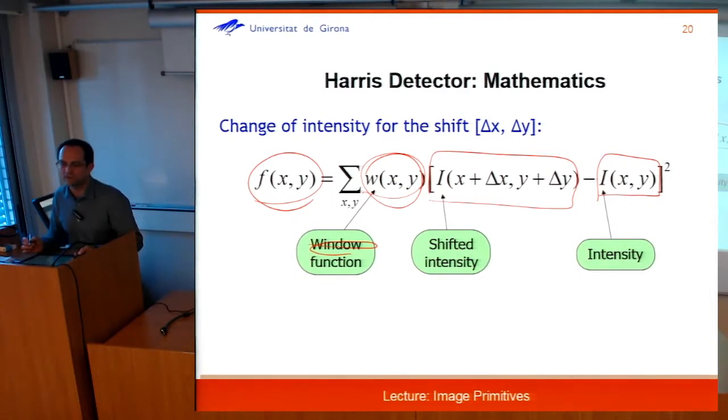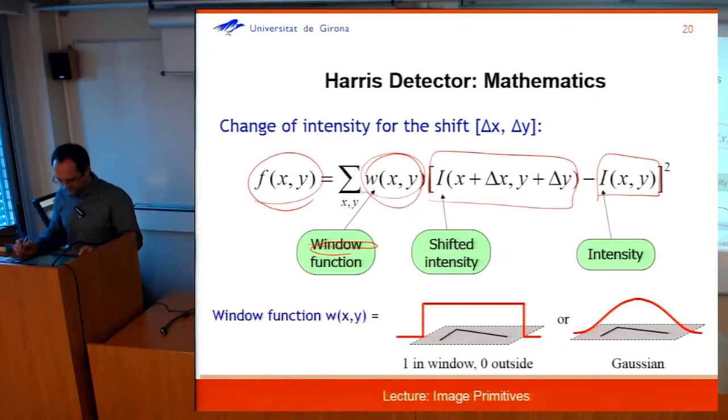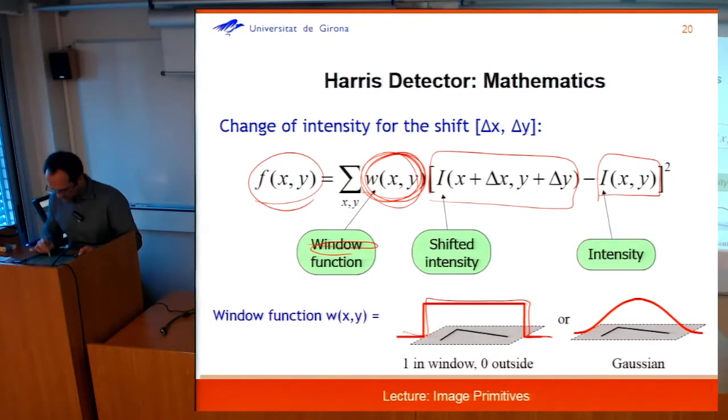Why is it weighting it? Because sometimes I want to take into account that the pixels that are closer to the center of the window are more important for me than the ones that are farther away. So I don't want to just give them all the same values. If this weight is 0, 1, then I get a window. Then it could be a window function. But normally what this is saying is that the pixels that are in the center have more weight than the pixels that are farther away.